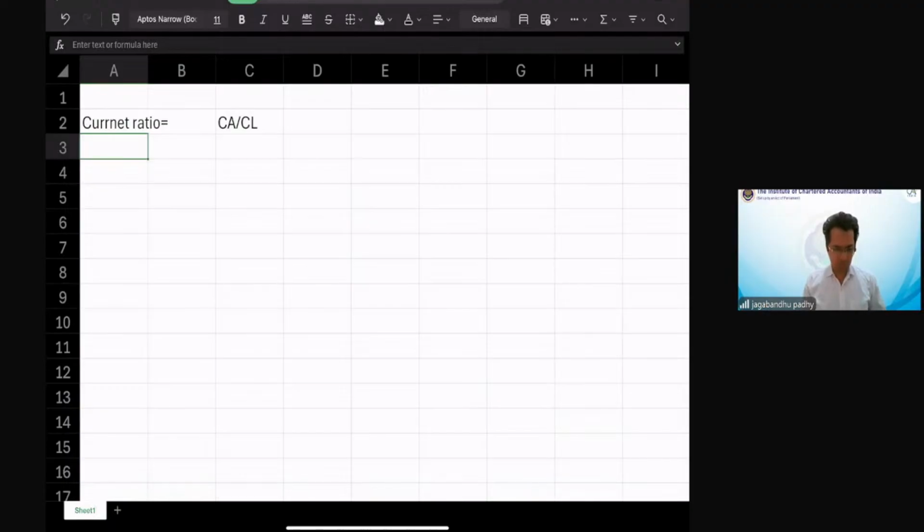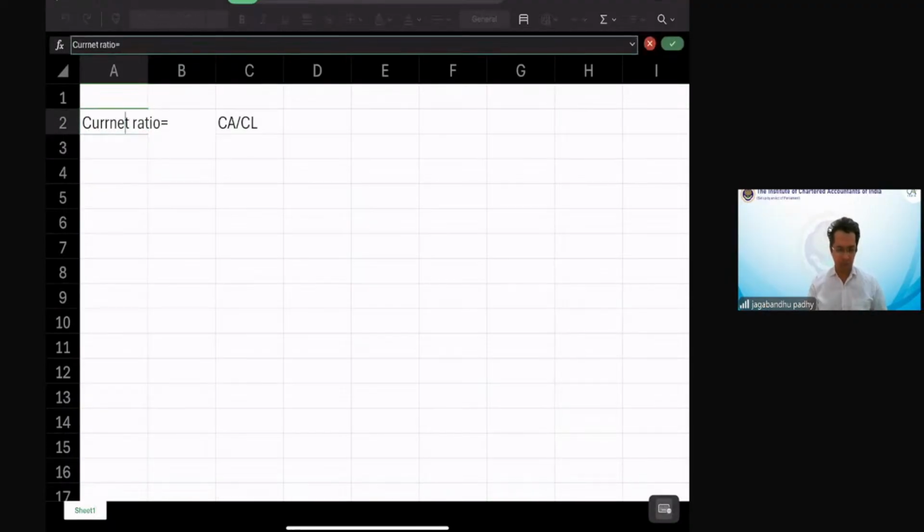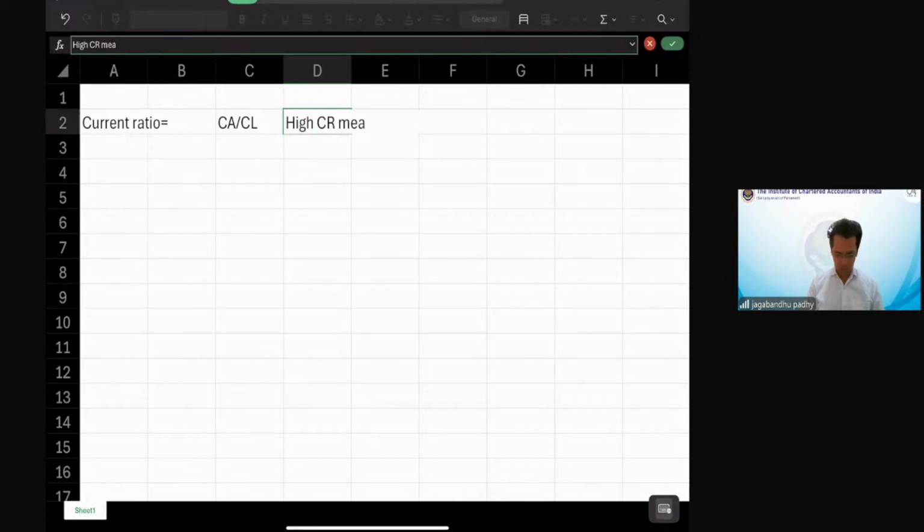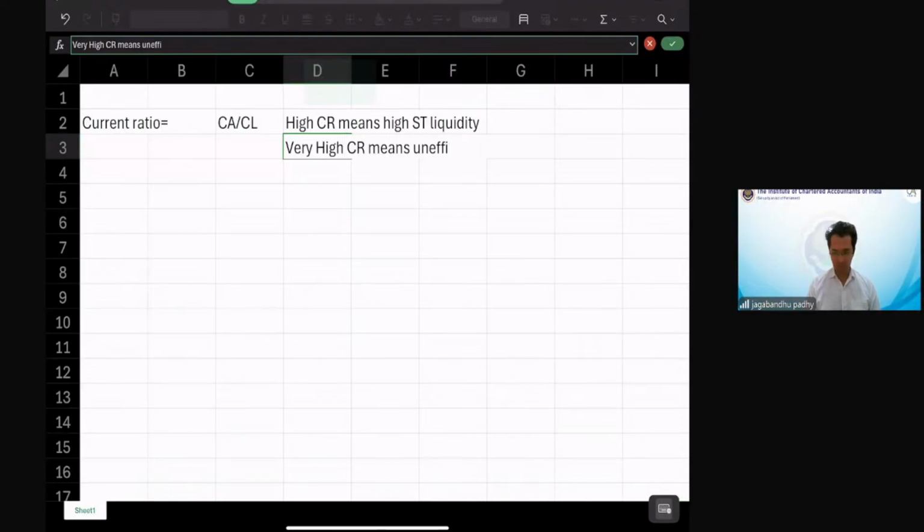And obviously, a high current ratio means high short-term liquidity, but a very high current ratio also means inefficiency.